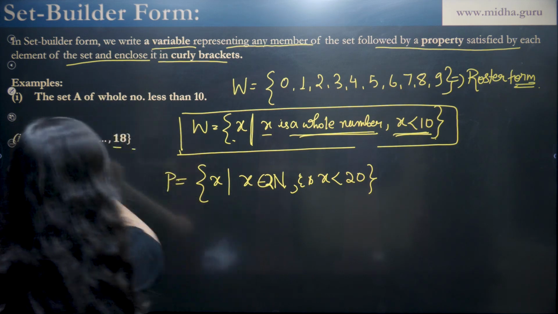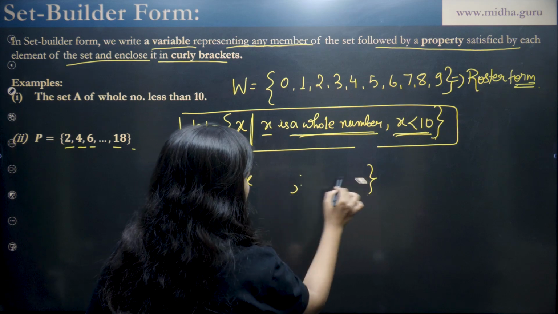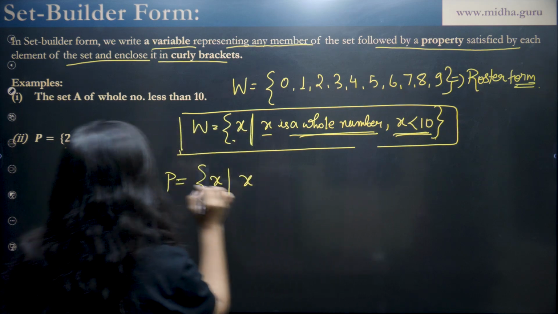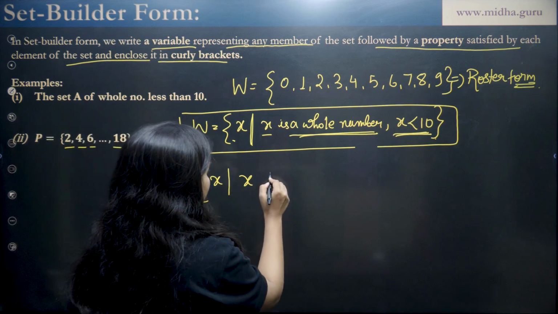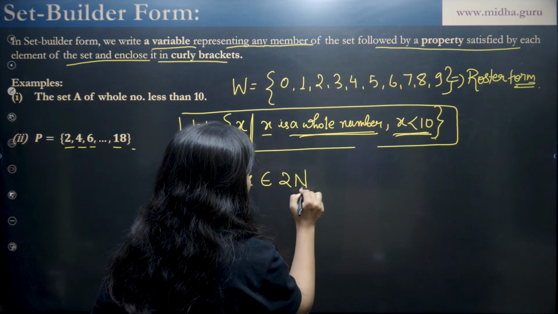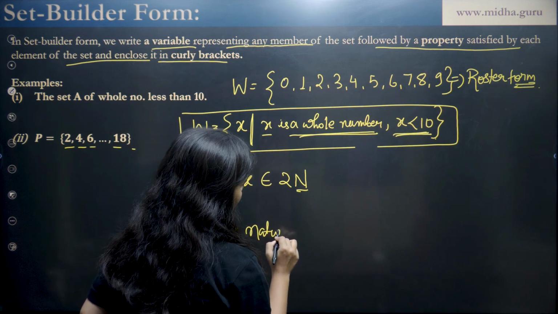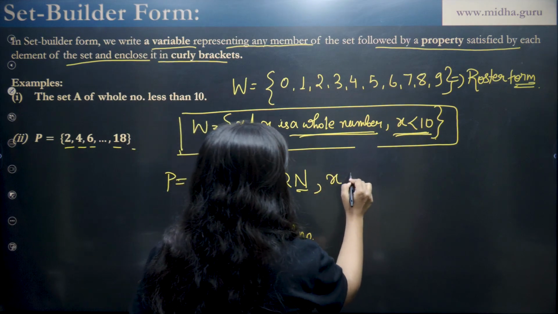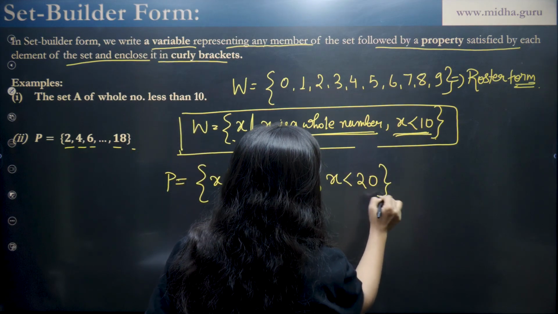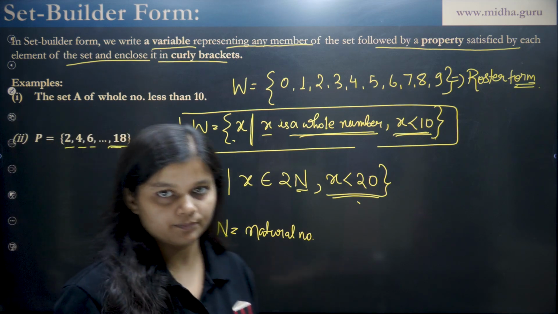So let's write it a little clearer. We write x such that x belongs to twice of N, where N is a natural number, and x is less than 20. x should be less than 20 because it ends at 18 only, right?